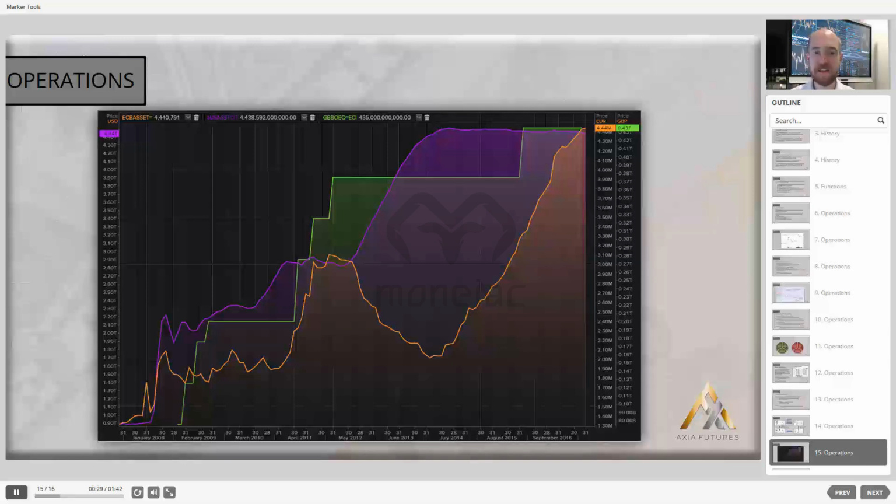You can see that the ECB's asset purchases actually only really started in July 2014. Prior to that, we had longer term refinancing operations, which we'll come on to in a moment, which increased the balance sheet, the orange line, which then dipped, and then QE expanded that once again.